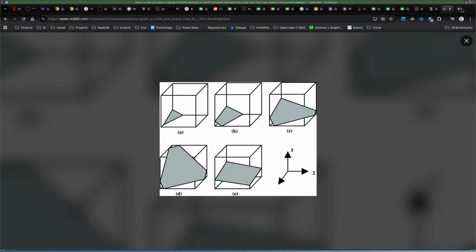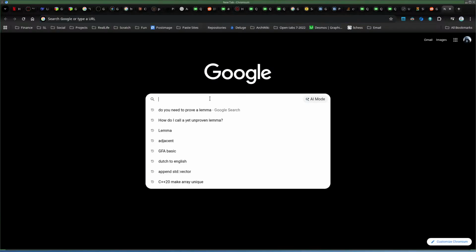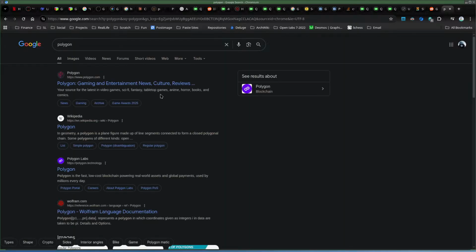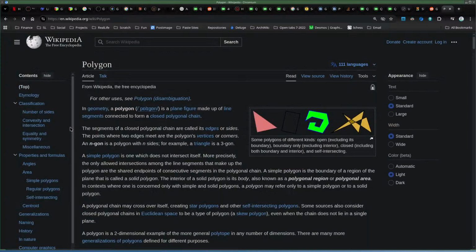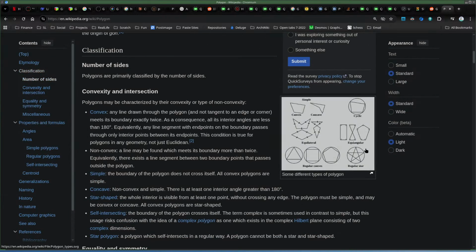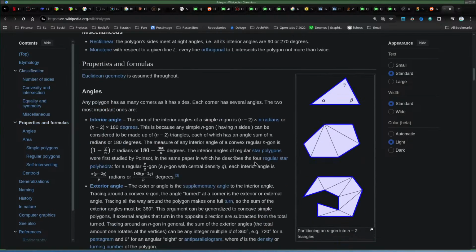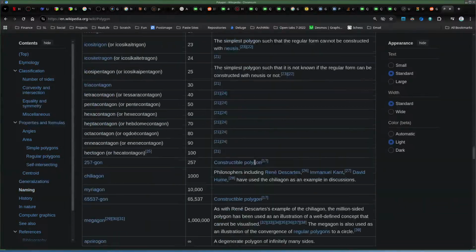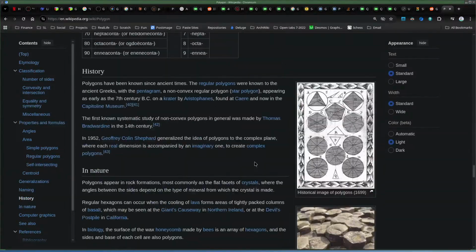They are 3-dimensional things. Polygon. These are two-dimensional polygons. It's not a single picture of a three-dimensional polygon.